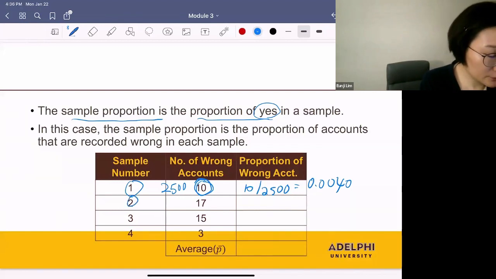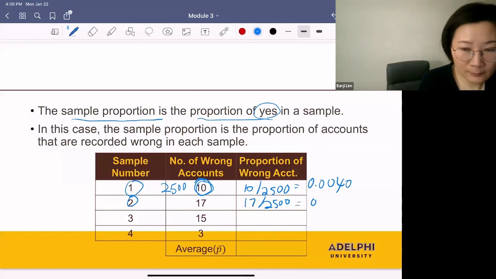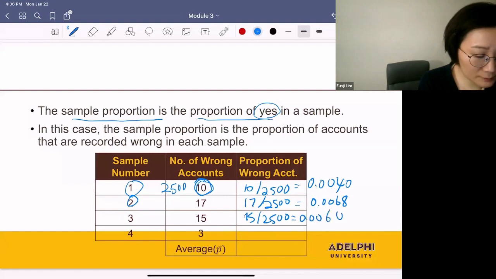For sample number 2, we had 2,500 accounts. Of these, 17 were defective, 0.0068. Next, 15 over 2,500, 0.0060. Next, 3 over 2,500, 0.0012.